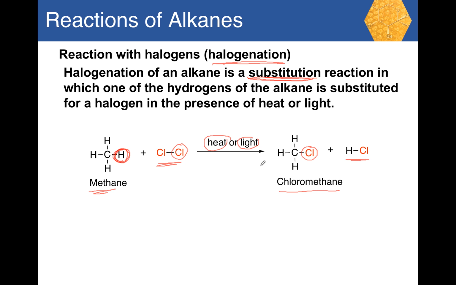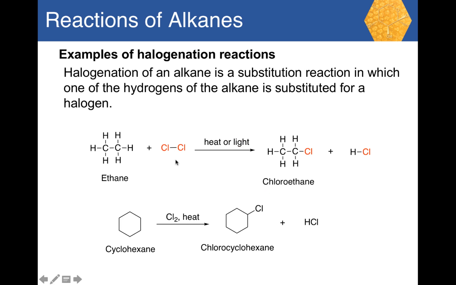So once again, it's a substitution reaction where one hydrogen is replaced with chlorine. So that's the concept. For this type of reaction, it's taking only one hydrogen and substituting a chlorine for that hydrogen in the presence of heat or light, and of course using chlorine as a reagent.